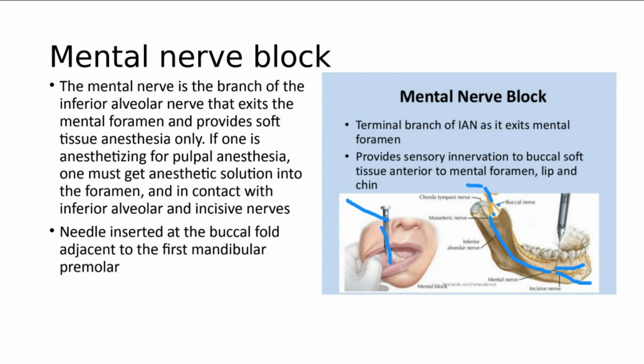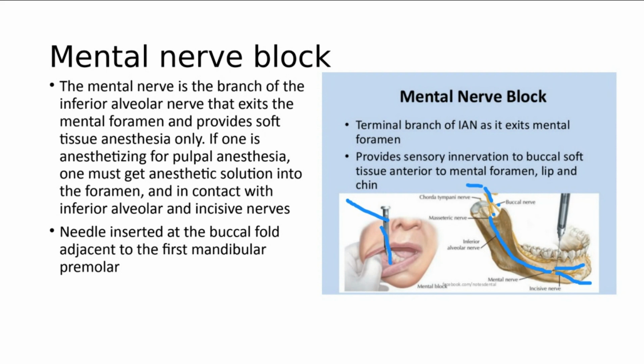Why? Because I'm working on the mental nerve only. If you push the anesthesia into the mental foramen, it will enter into the mandibular canal and it will end up doing the incisive nerve block, which is another technique. So one more time, if you're working on the mental nerve only, you need to get the mental nerve as it is exiting out the mental foramen.